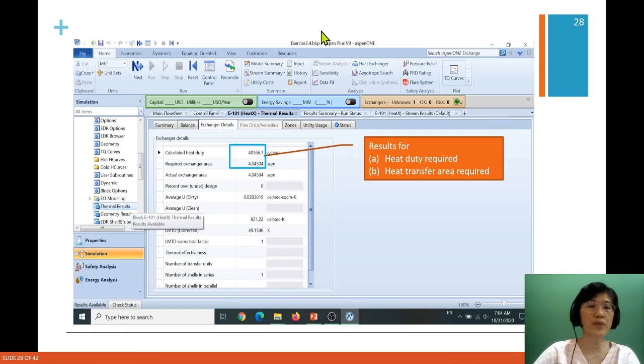If you go to the navigator, the navigation tab, go to the model section under thermal result. You can check the heat duty required. In this case it's about 40,000 calorie per second, and the required exchanger area is about 4 meter square. These are the answers that you have to include to answer the question accordingly.